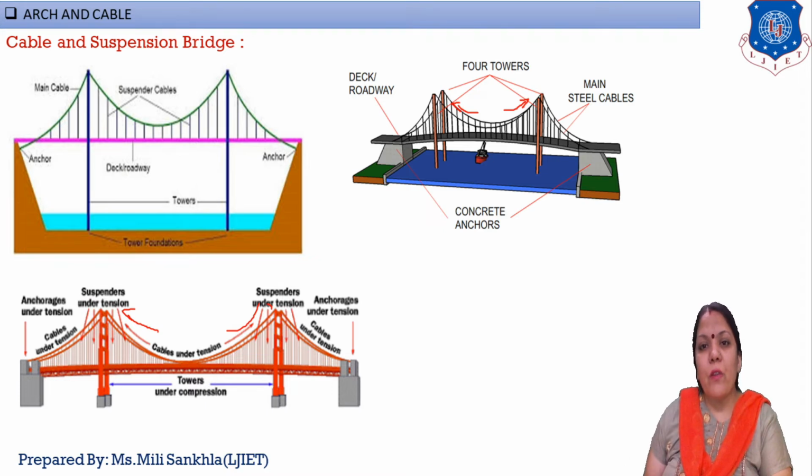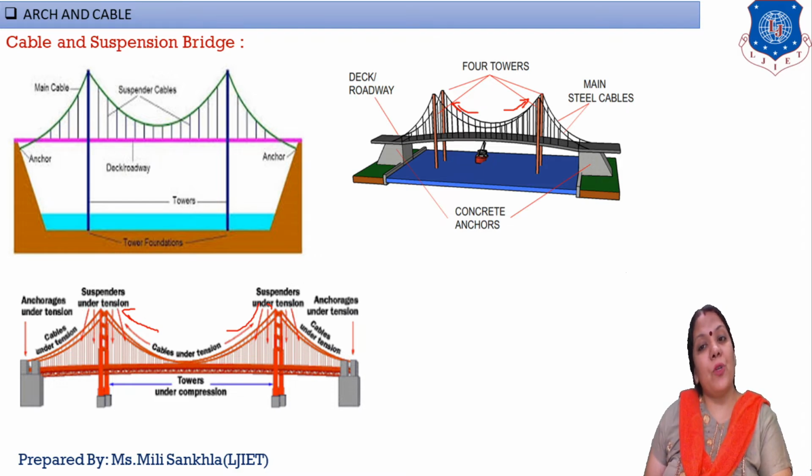A vehicle is moving on this deck slab. Then the suspenders transfer the load to the main suspension cable. This suspension cable is subjected to tensile forces, and through the anchor cable this load is transferred to the huge concrete mass in the downward direction, and this concrete mass balances this force in the upward direction.